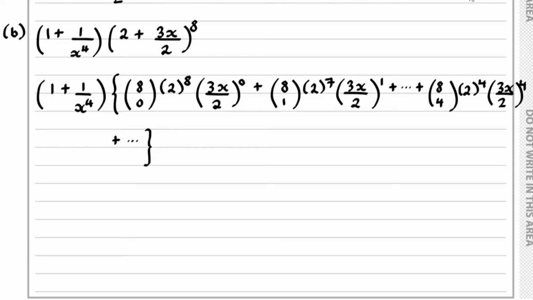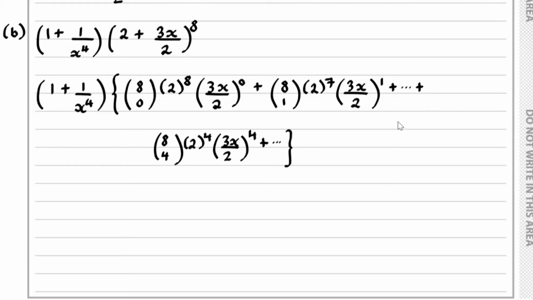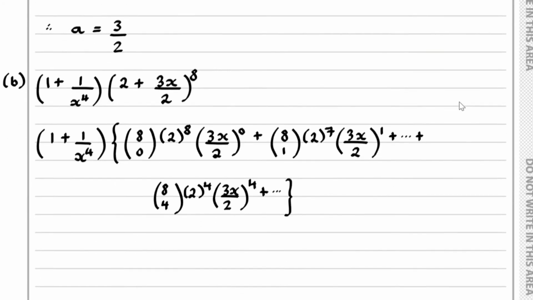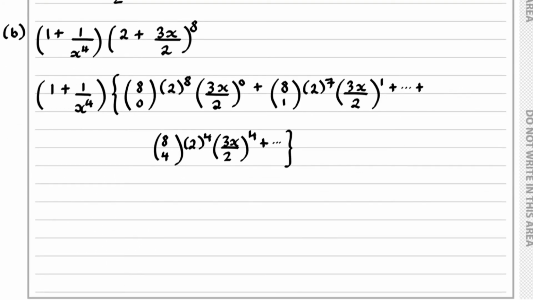So we've got various different terms. What multiplies to give a constant term? Let's just write this down.